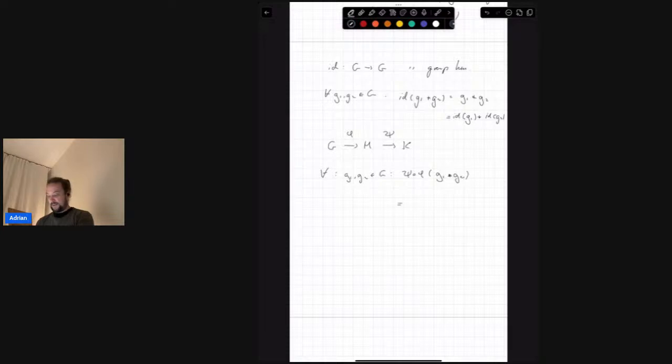It's the same old game: we just pass everything through. So we apply phi to the first factor and psi to the second factor, giving the composition of the images. So again, we see that group homomorphisms compose.